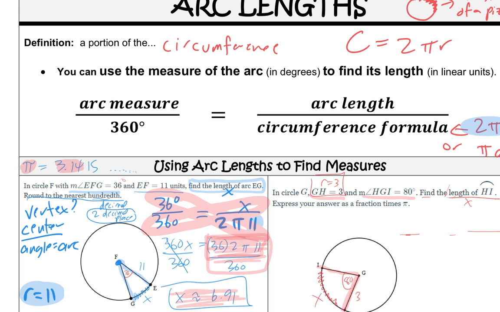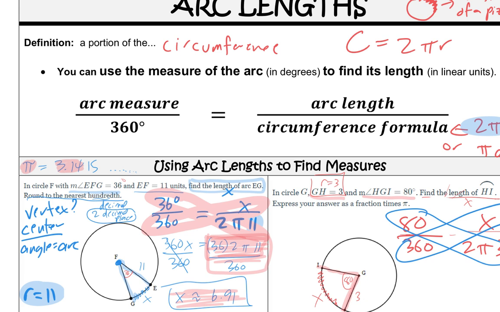So if that's 80, we said that was always 360. On top goes the arc length. That's what we're trying to find, so let's put an x over there. And then we said 2 pi, and our radius was 3, so let's just put a 3 right there. Okay, so now we know what to do. Let's just go ahead and do our cross multiplication. So this times this equals this times this.